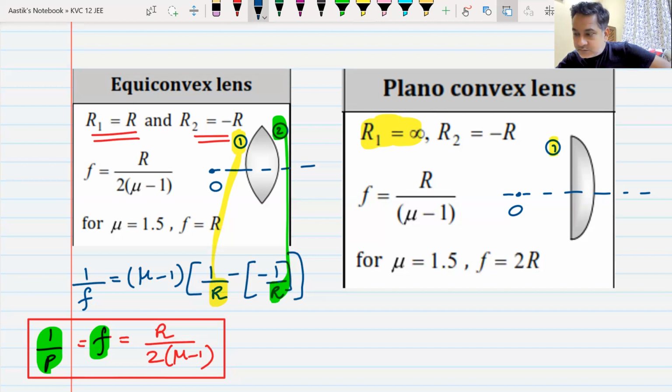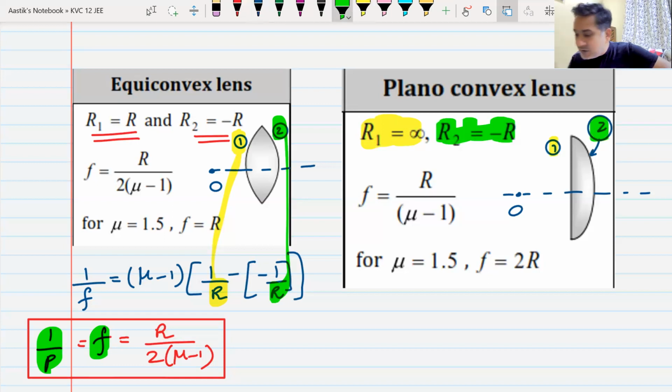Yes, sir. This is the second surface. The second surface has got a radius of curvature r. It is negative, as you can see.